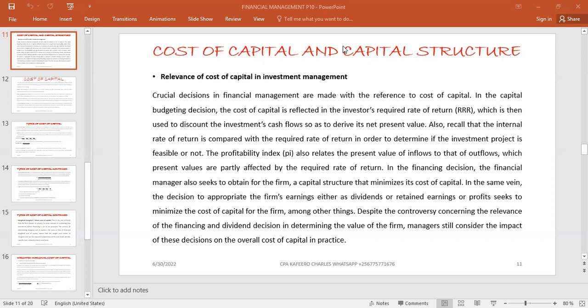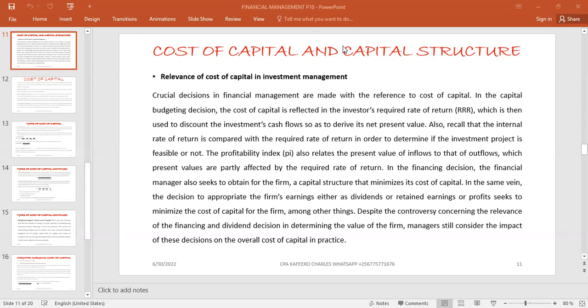Now we are talking about the cash inflows, so as to derive their net present worth; we are trying to look for that required rate of return that we can use to discount these future inflows into their net present worth as of now.